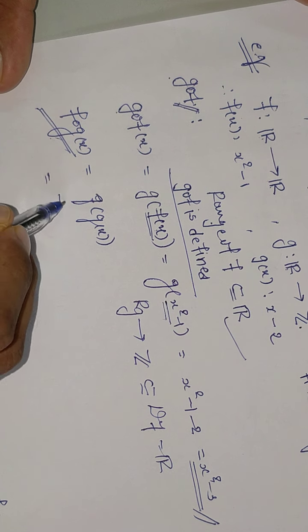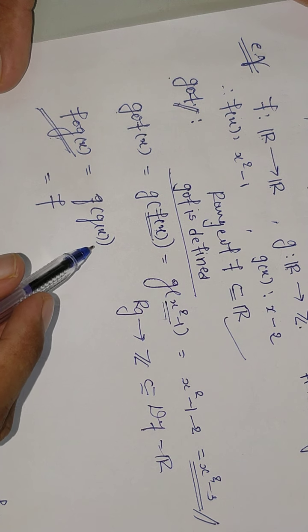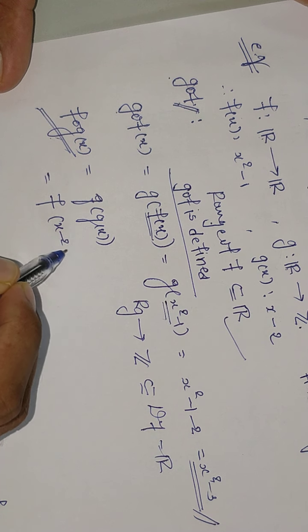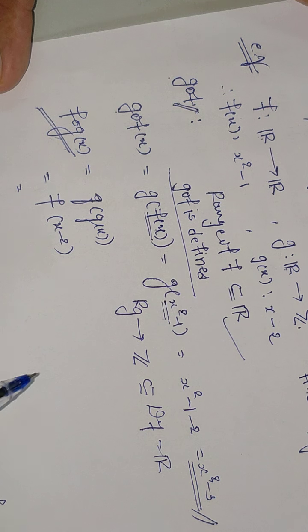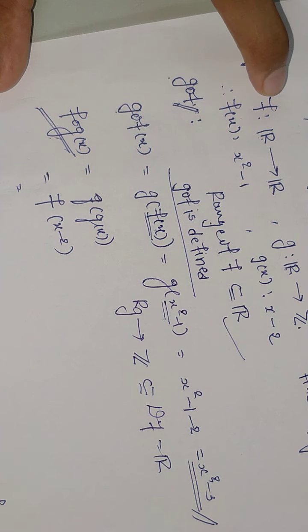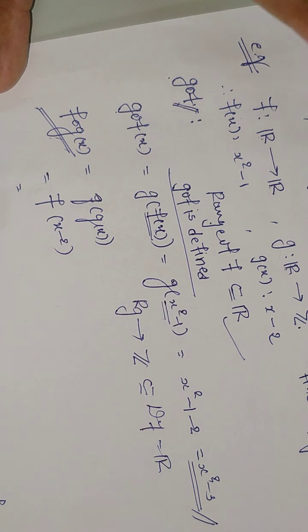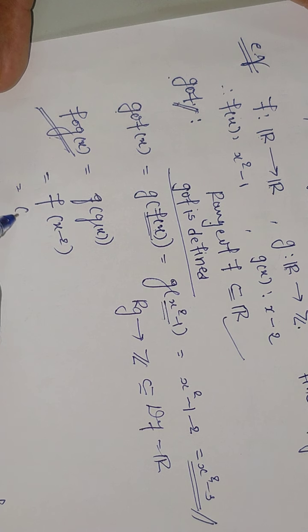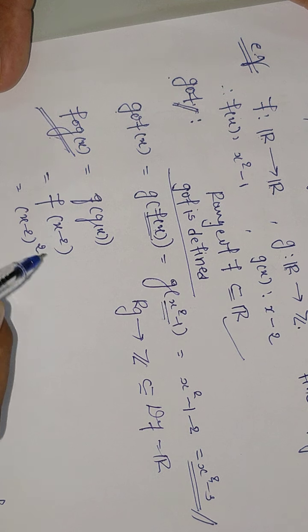So just put in the definition. g of x is defined as x minus 2, and in function f, wherever we find x, we replace it with x minus 2. f of x is defined as x square minus 1, so we put x minus 2 whole square.